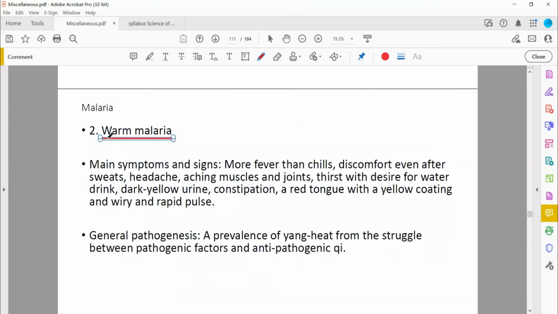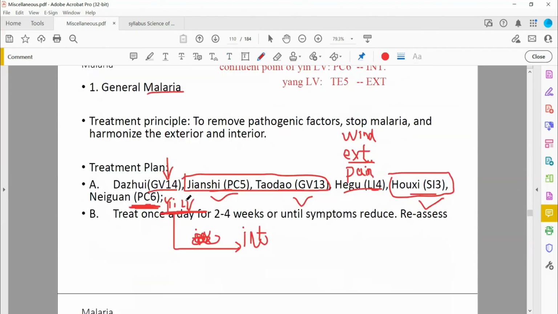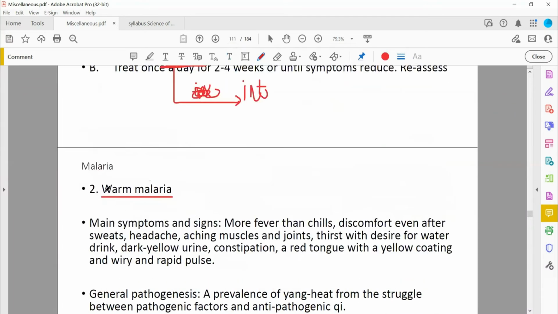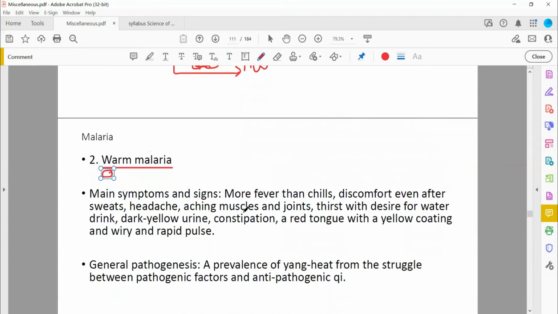Warm malaria, this is the name. This one is general. This one is a warm one. More fever, because it's a warm malaria, then chills, discomfort even after sweat.